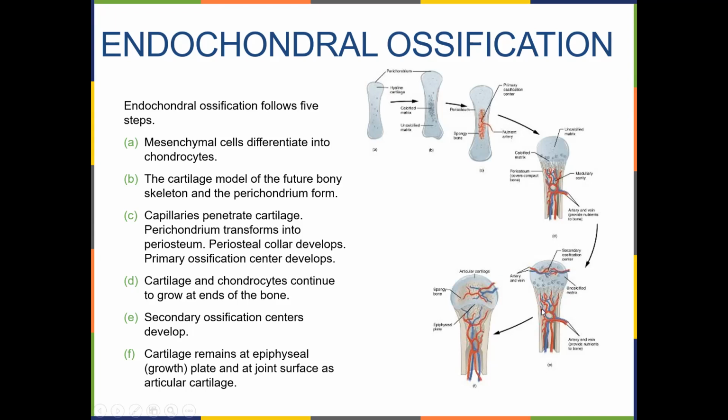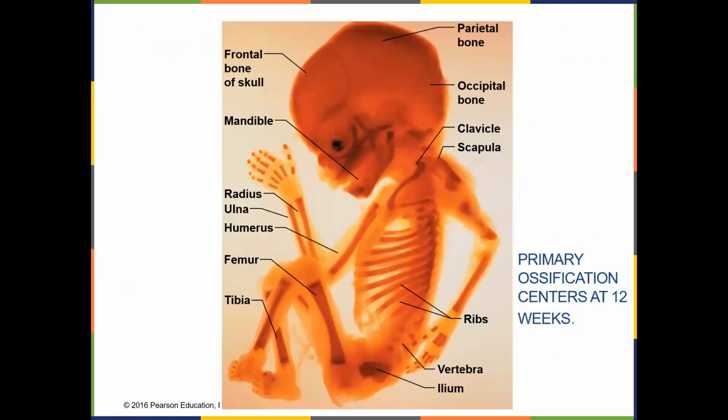And then eventually they close too, and we're done with the growth of our skeleton as far as longitudinal growth. When the epiphyseal plates close, we're finally at our adult stature. But that doesn't mean that we're not going to continue to remodel.